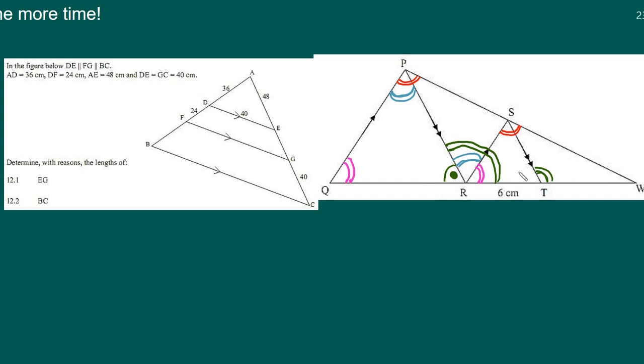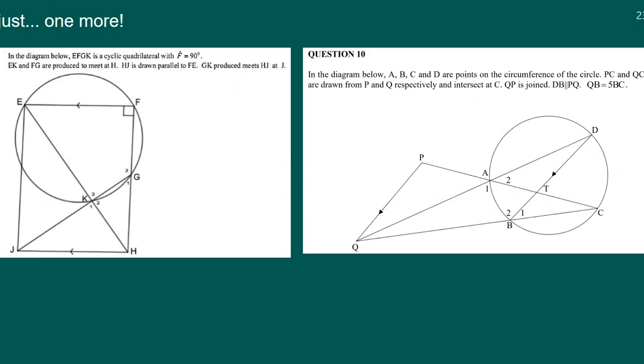QRP corresponds to STR. Now that will be okay, because if you make your F shape, they are both inside. Good stuff. So many more, guys.